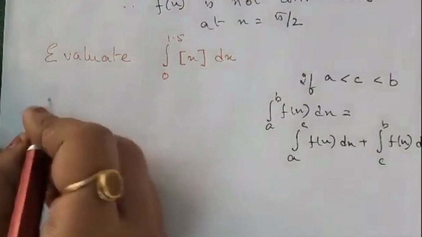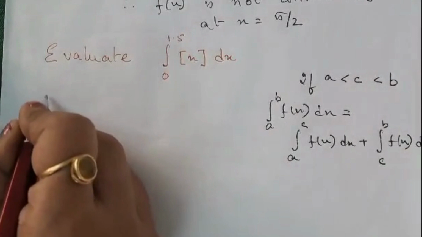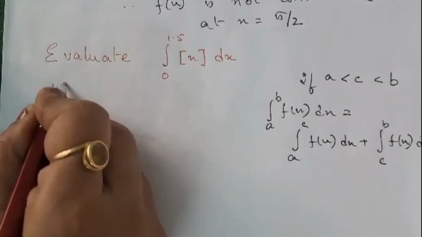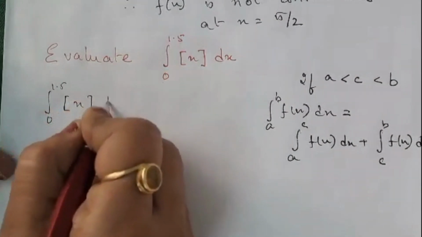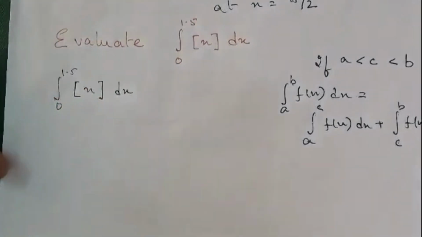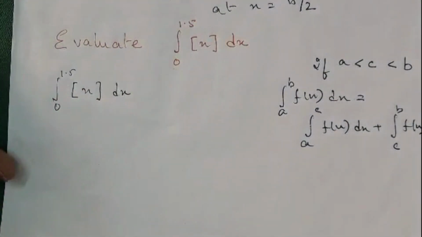So this integral 0 to 1.5 box x dx, because we cannot integrate box x directly, so we have to put its constant value there and then only can we do the integration.